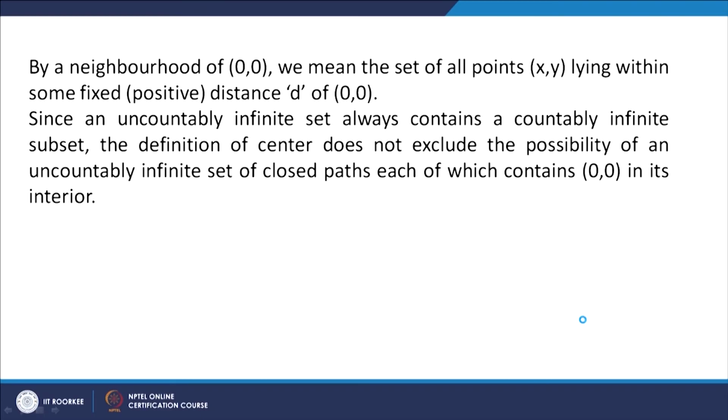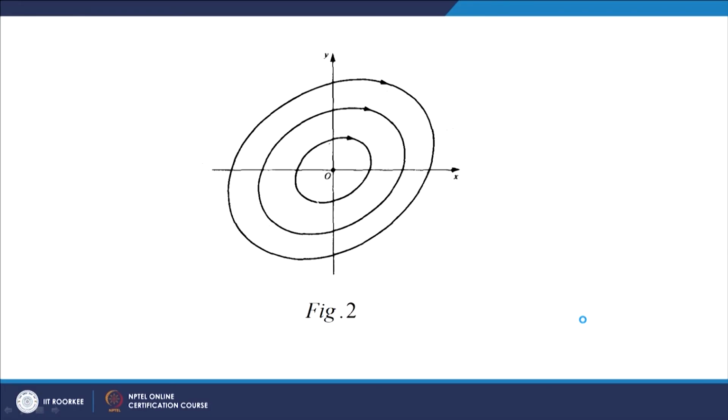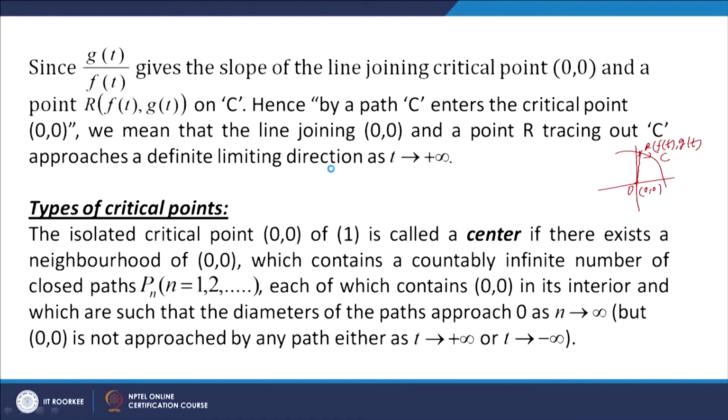Since an uncountably infinite set always contains a countably infinite subset, the definition of center does not exclude the possibility of an uncountably infinite set of closed paths, each of which contains (0,0) in its interior. Now, let us look at this figure. You can see here these are closed paths. Each path contains (0,0) inside at its center, and the diameters of the paths approach 0 as n goes to infinity, but (0,0) is not approached by any path as t goes to plus infinity or minus infinity.